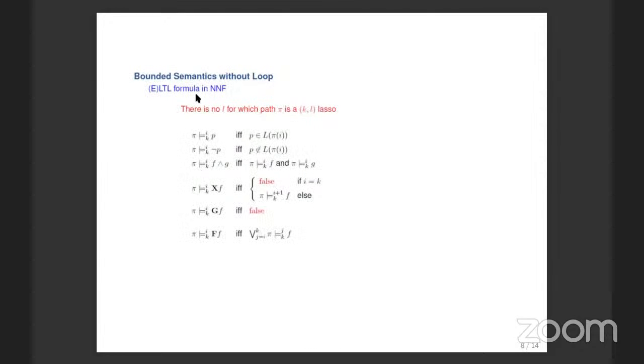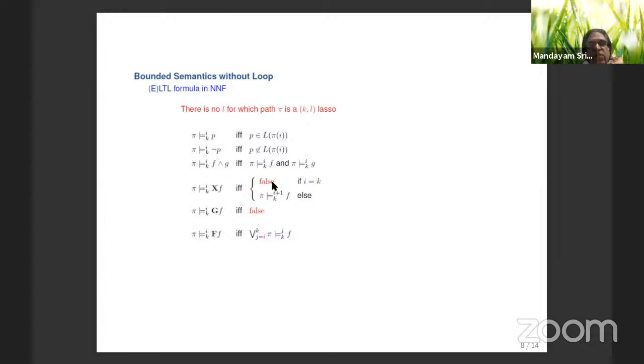So here in bounded semantics without loops, how do you define that? Since we are having an infinite path and finite states, how can we... I think in some cases you are able to give a definitive answer. In other cases, you can't, in which case I just return false.